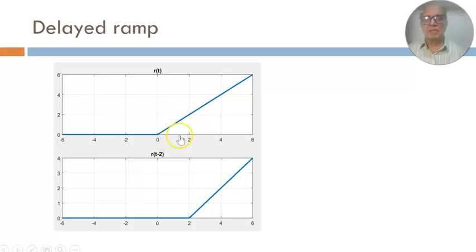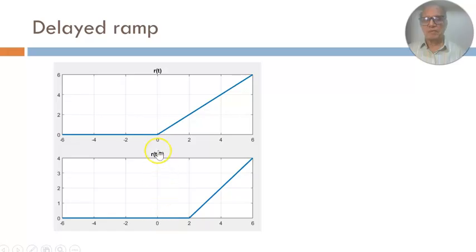You can see the base here is 6 units and the height is also 6 units. So the slope of this is unity. And then when you run the function for delayed ramp, you get r(t-2). So the whole thing is delayed by 2 seconds without affecting the slope.